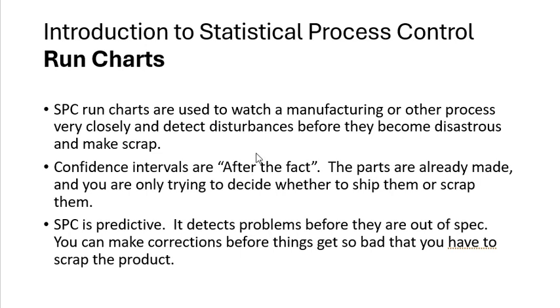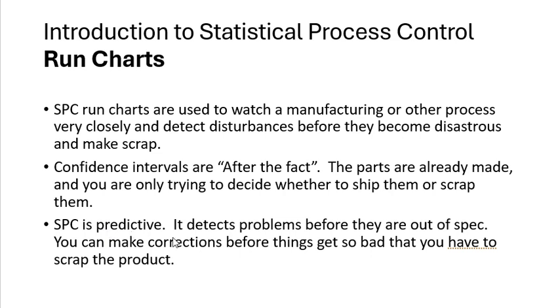So why do we need to monitor the processes? Because it's very important, so we can detect errors and disturbances before they become bad or disastrous. Of course, in the manufacturing world, your CIs, your confidence intervals, are after the fact. The parts are already made, and you're only trying to decide whether to ship them or scrap them, and that's when you use your CIs.